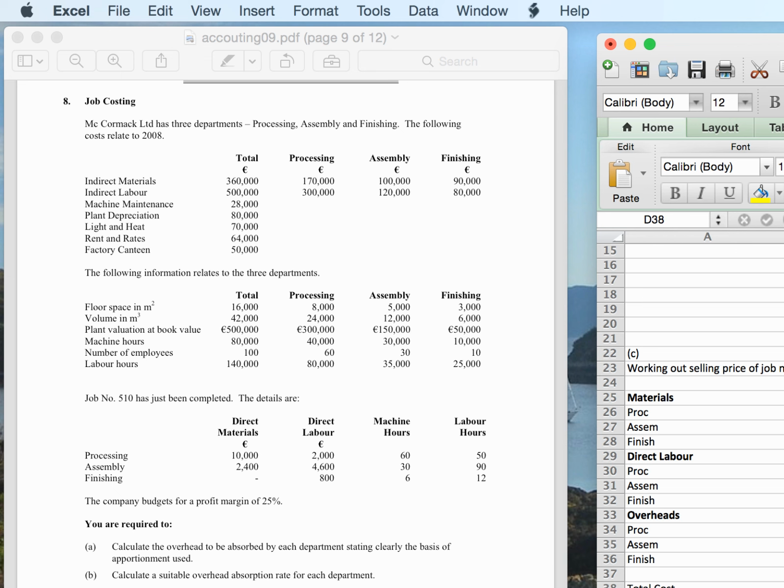So the profit is that number. Now we're going to divide it first by 75. So that gives me 1%, and I'm going to multiply the answer by 25. So that's our profit, and we add that on to our cost, and that gives us our selling price, 27,000.